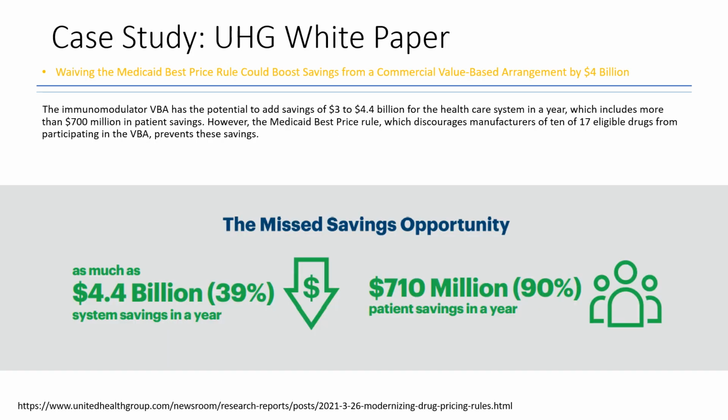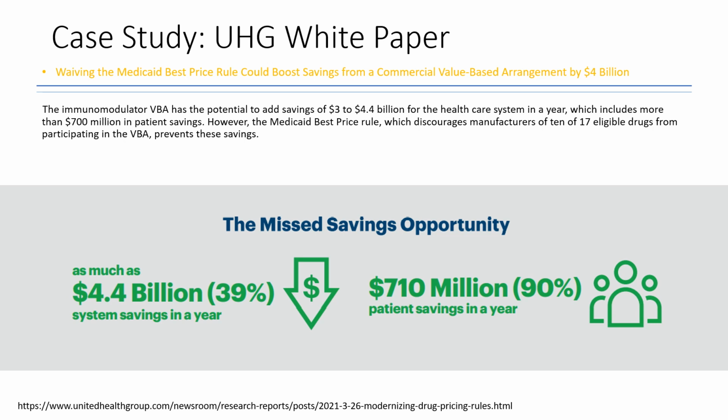So when I was at Optum, we came up with an idea to do a value-based contract that covered an entire class. And we looked at the immunomodulator class, which is drugs like Humira, Enbrel, Taltz, Cosentyx, things that treat rheumatoid arthritis and psoriasis and Crohn's.